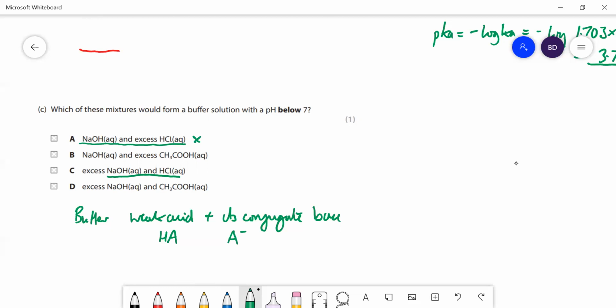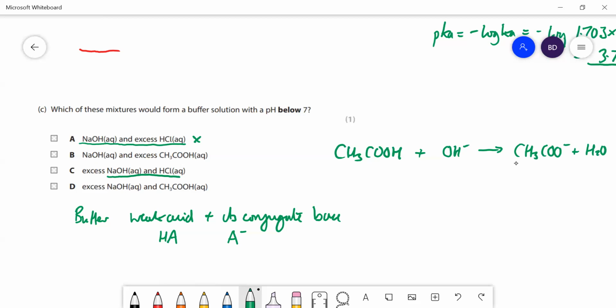Now, let's see what would happen in B. We've got an excess of that, and we've got NaOH, we'll call that OH minus. That is going to react to give you its weak base, its conjugate base.